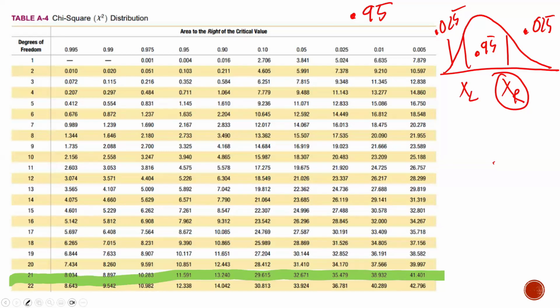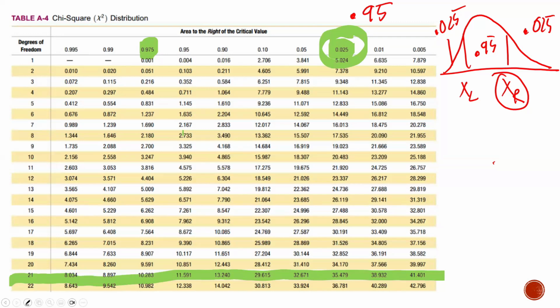Now, what about for chi-squared L? 0.975, that's correct. And Bob, what do you notice these two numbers add to? That's always going to be true. Once you have found one, you can subtract it from one to get the other.